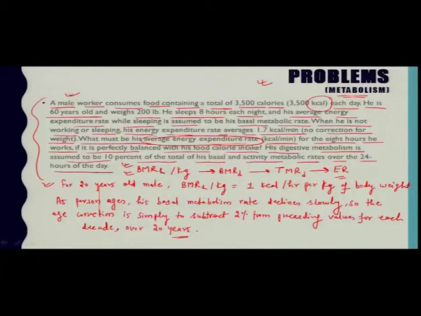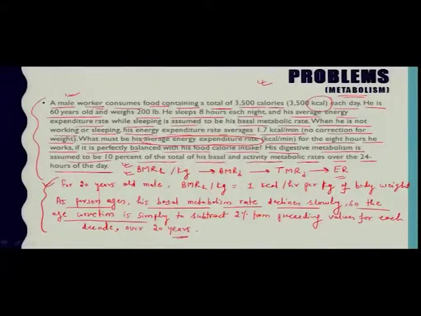So as per the rule for calculating this basal metabolic rate, so as person ages, his basal metabolism rate declines slowly, so the age correction is simply to subtract 2% from preceding values for each decade over 20 years. So as the age passes, you have to accordingly calculate the age correction factor.